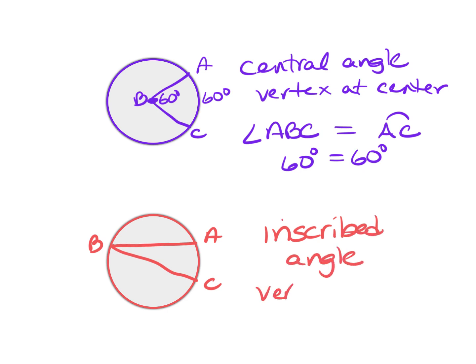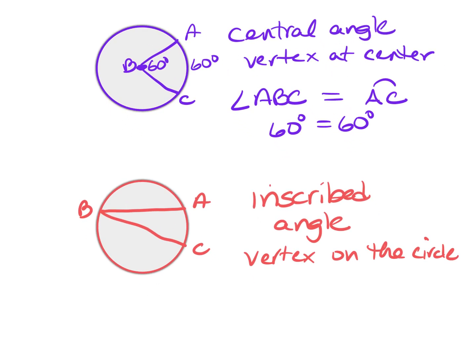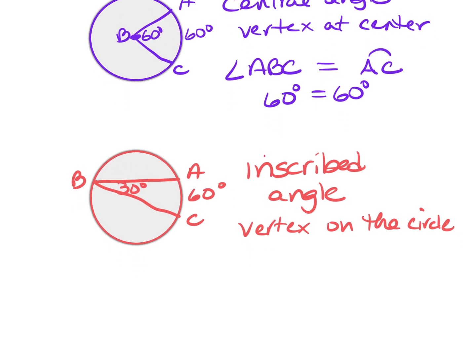And this one has its vertex on the circle. So for this, let's say I told you that the arc measure was 60, then its angle is going to be half of that. It would be 30. So angle ABC will equal half, or the arc measure divided by 2.